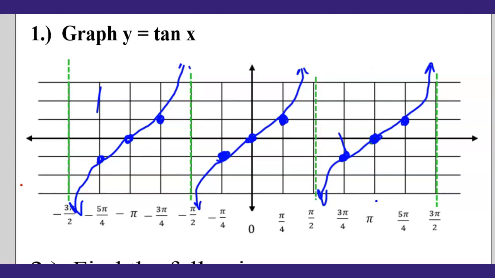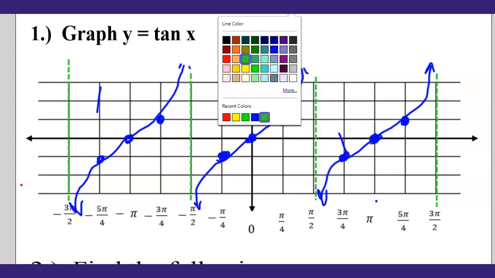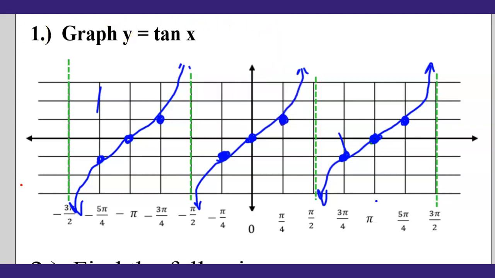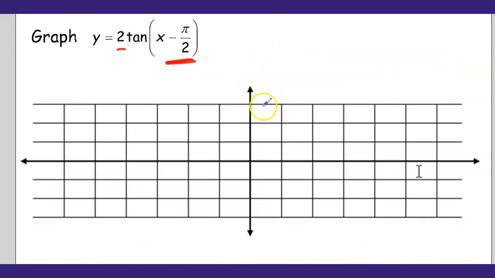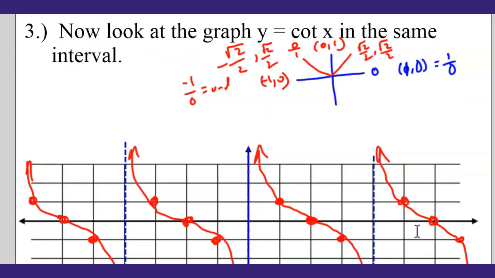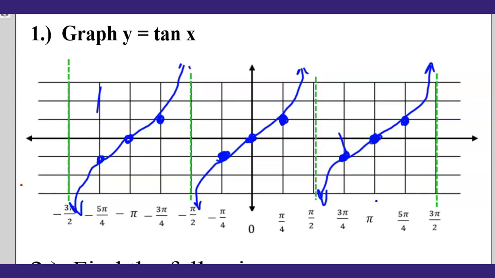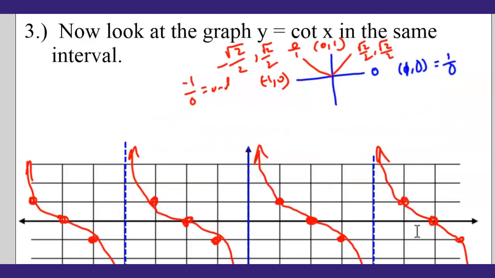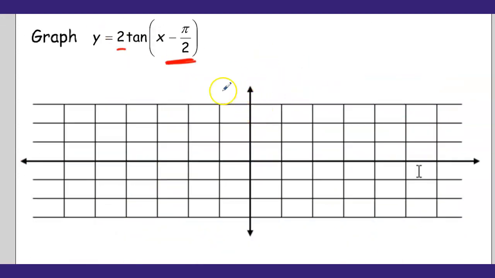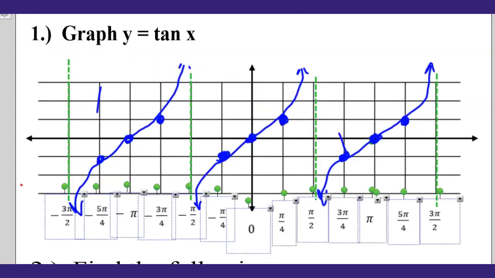So let's move the asymptotes first. Let me go to thick line. Remember, all the tangents are at pi halves. Well, we're going to move them by half.